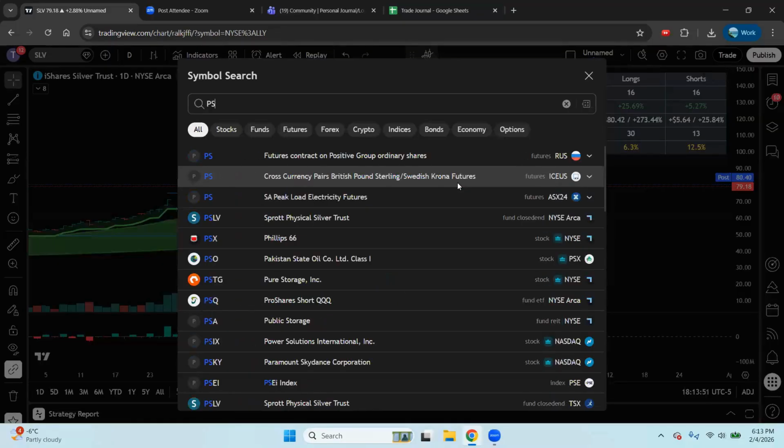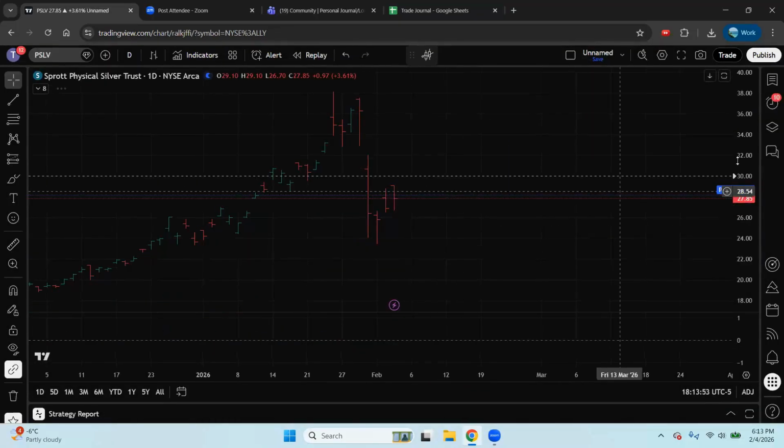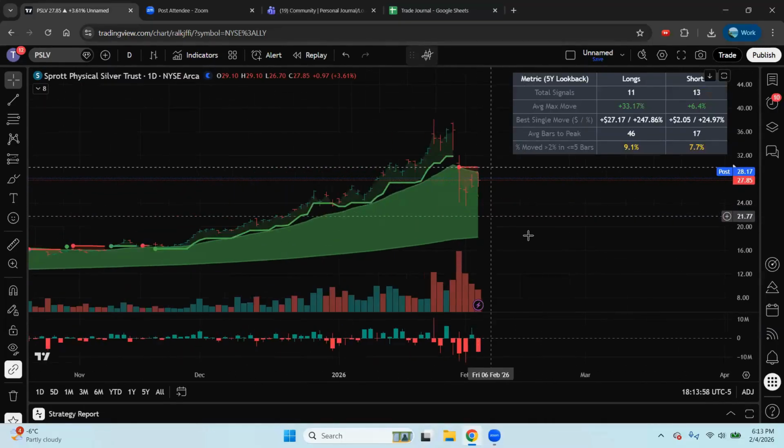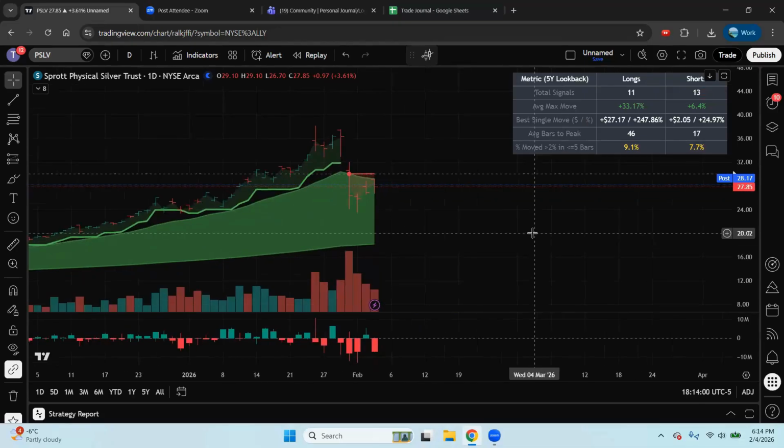So my preference generally is PSLV, which is really a claim against physical silver, the way it's structured, more so than SLV is, and you can redeem your shares. Of course there are restrictions, meaning you have to request a certain number of ounces of silver.